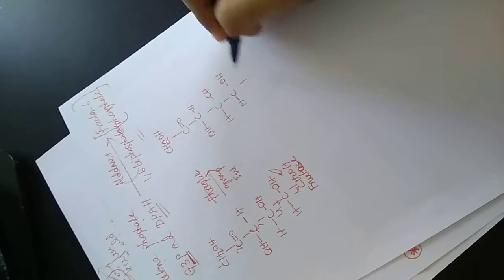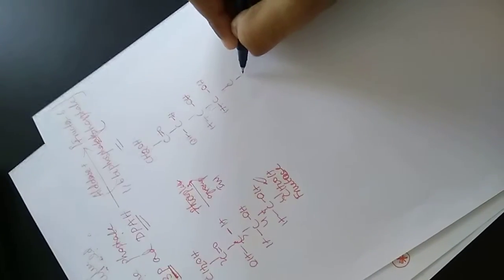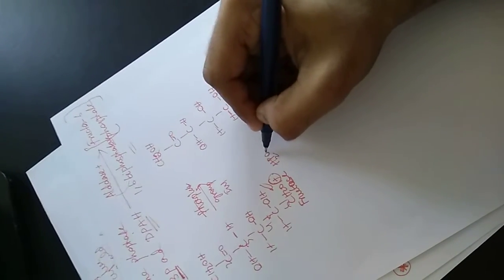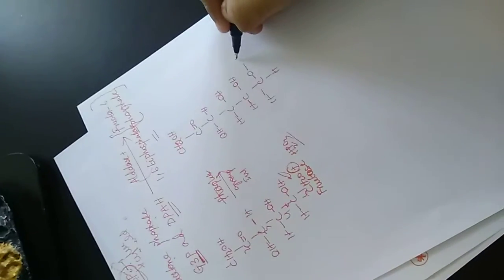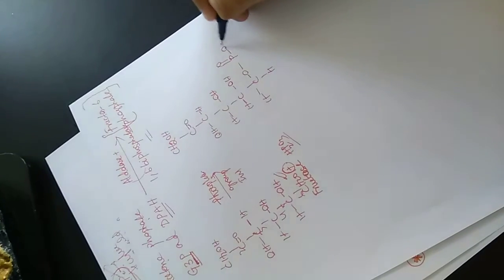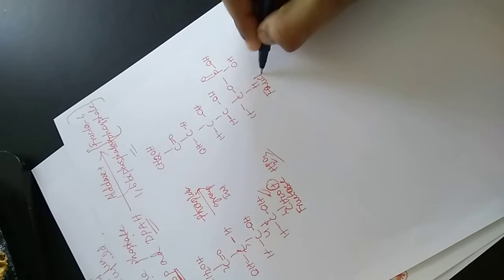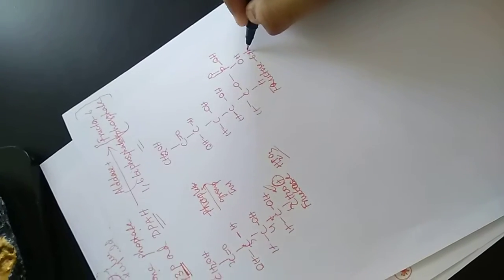This forms a phosphate bond right here, with this H replaced by H2PO3, P double bond O, OH, OH. So this is fructose 6-phosphate. The mechanism for this reaction is beyond the scope of the discussion. So you get this particular product.